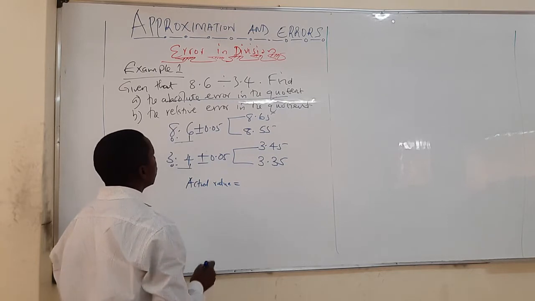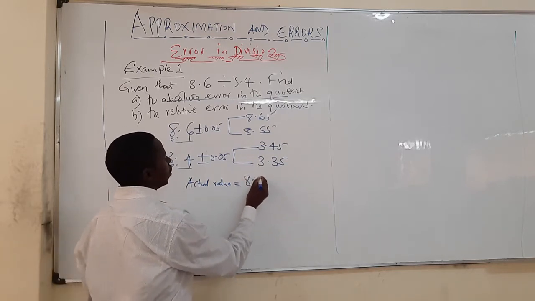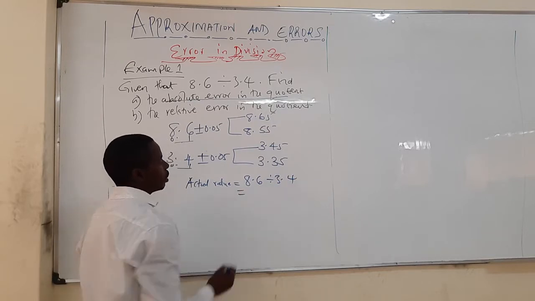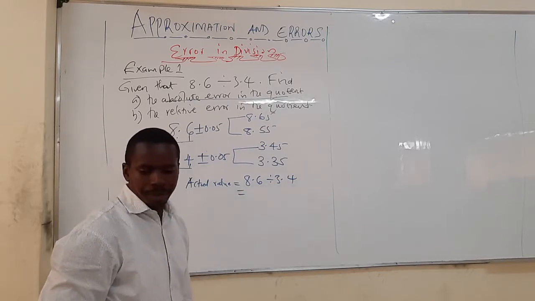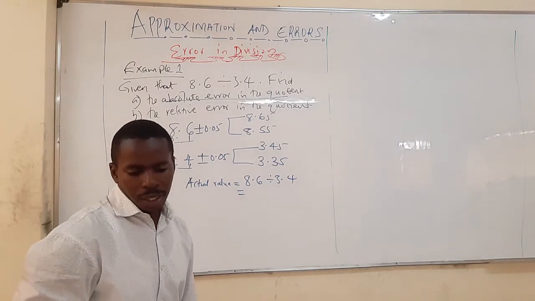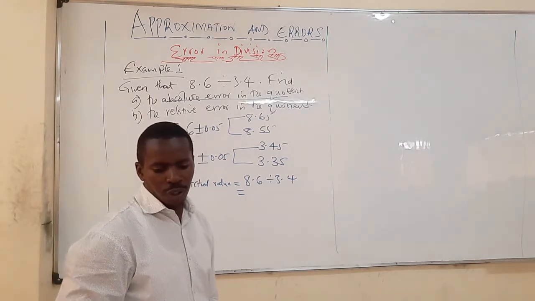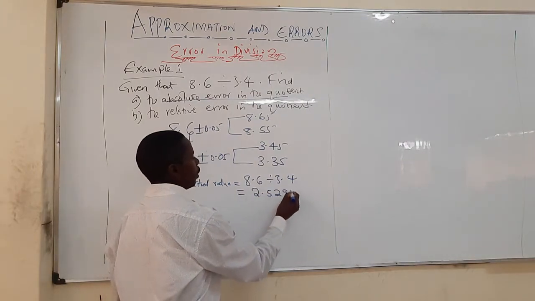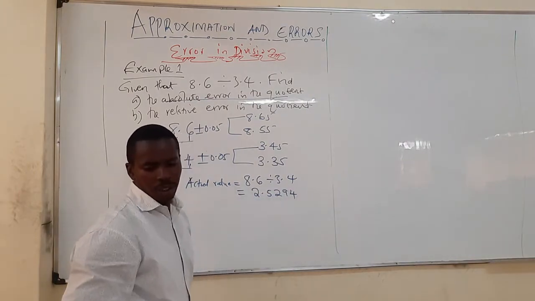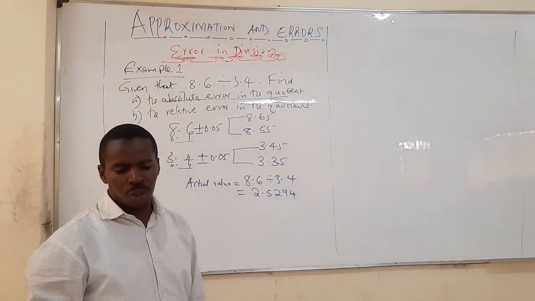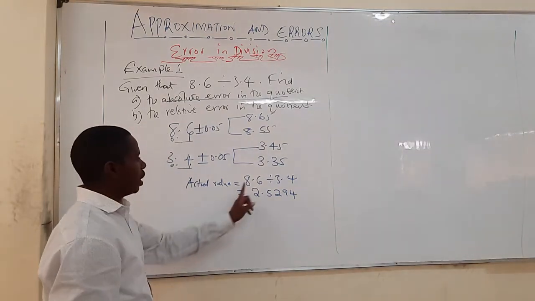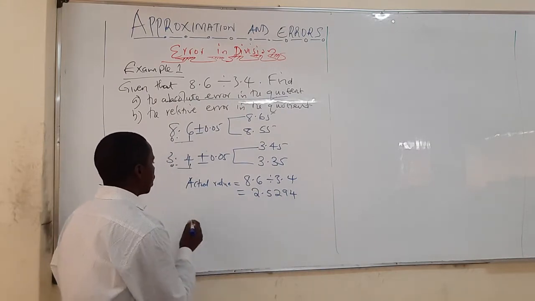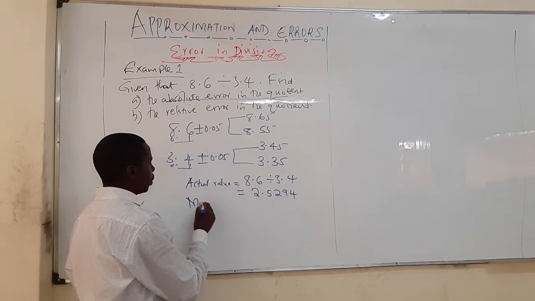This is given by 8.6 divided by 3.4, and this is going to be 2.5294. So when you divide 8.6 by 3.4, you get 2.5294.